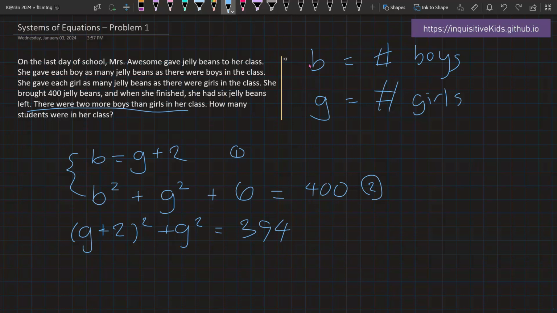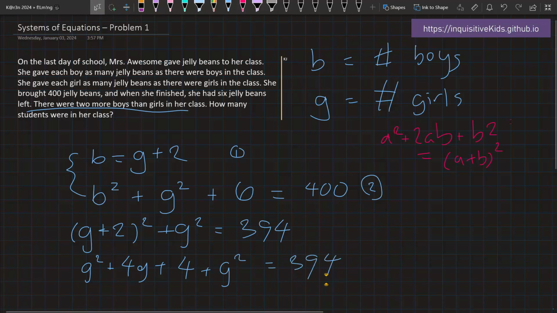Now we can use this formula right here, a squared plus 2ab plus b squared is equal to a plus b squared. We can use this formula to evaluate these parentheses. This gives us g squared plus 4g plus 4 plus g squared is equal to 394.